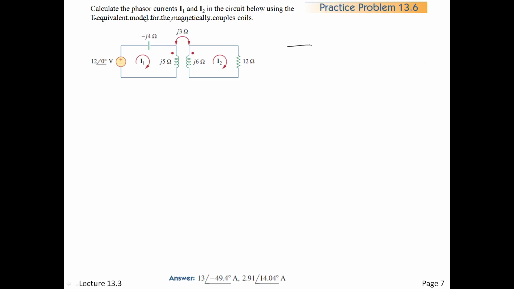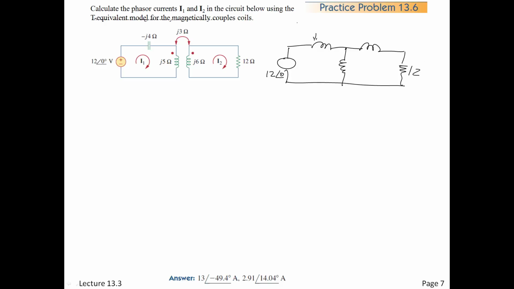Right, so we're going to have this picture when we're done. Right, and then we'll attach over here 12 ohms, and over here our voltage source of 12 at 0. Right, so this will be LA.